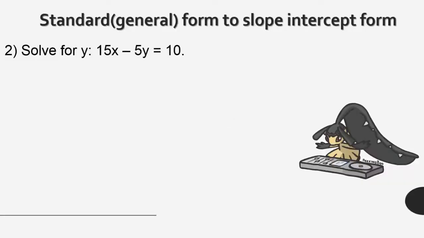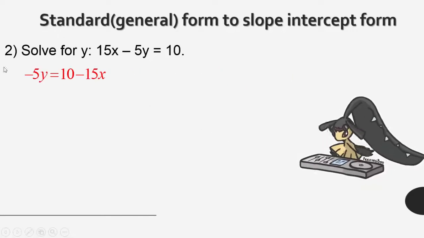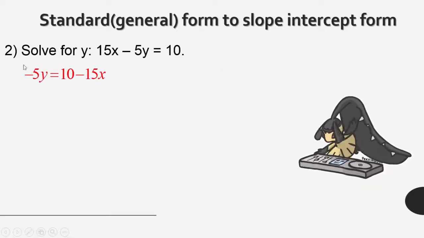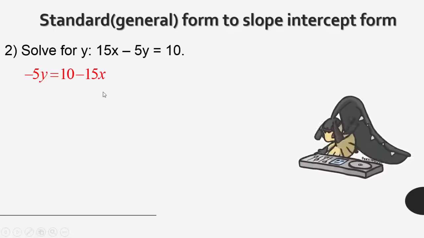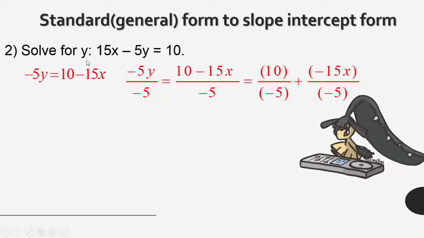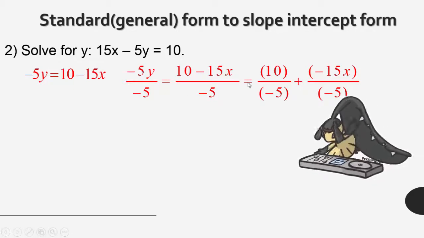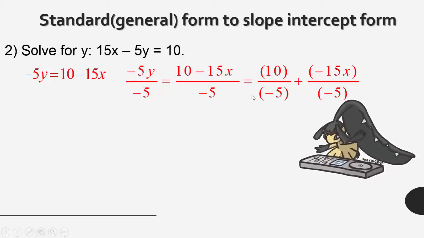Reviewing what we just did on the whiteboard, we set up the equation so that we have the y part on one side of the equation and everything else on the other side. To get the y all by itself, because we want to solve for y, we divided everything by negative 5, and that means not only this side, but everything on this side.